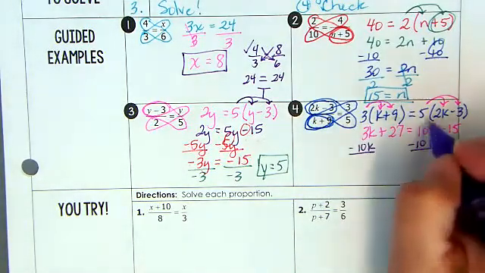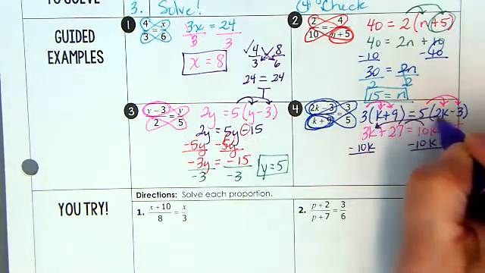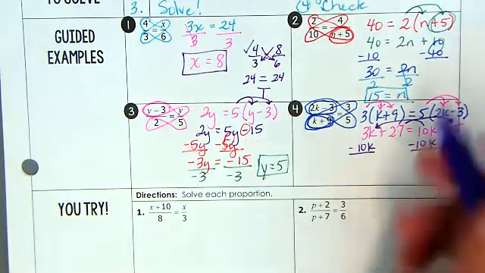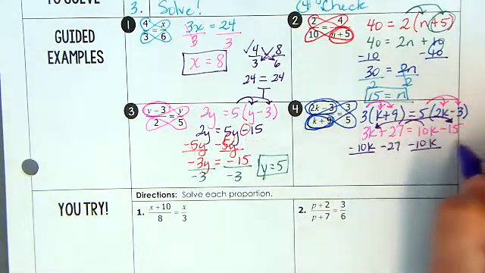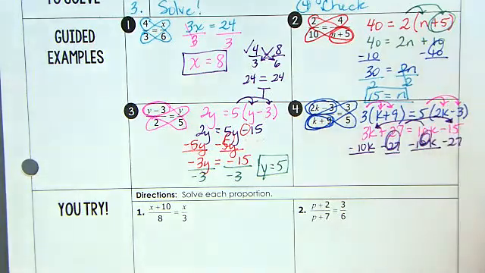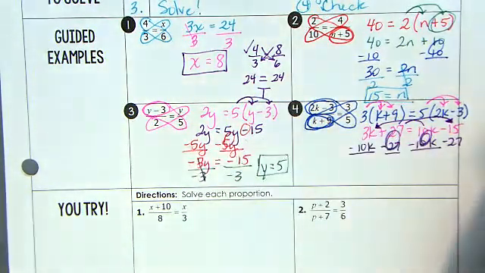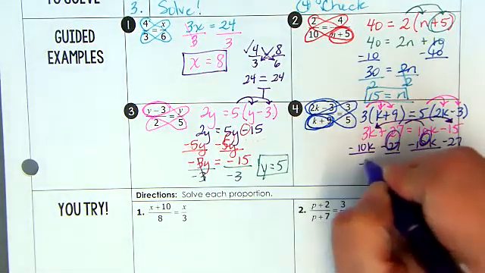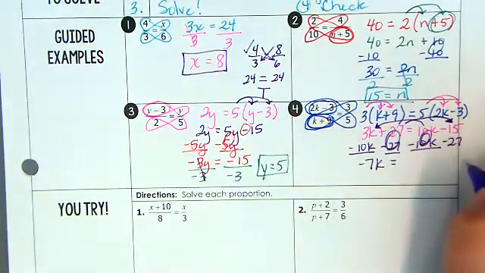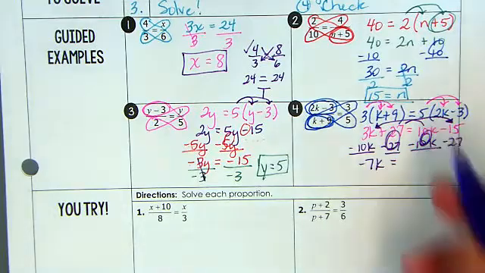At the same time, so I'm moving the 10k over here. At the same time, if I want to, I can move the 27 over here by subtracting 27 from both sides. This zeroes out, this zeroes out. Okay, and now I end up with negative 7k equals negative 42.